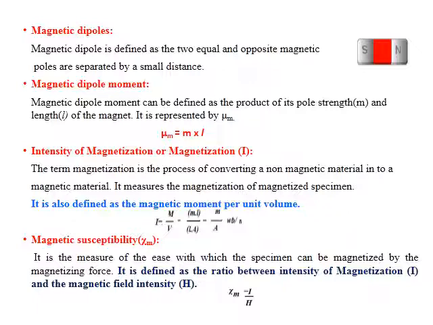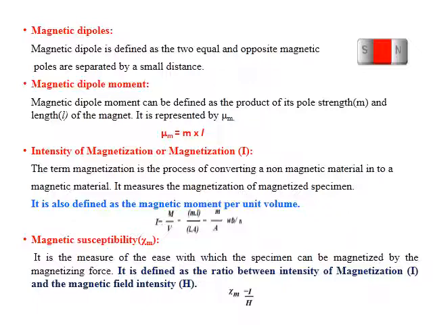The next important parameter is magnetic dipoles. A magnetic dipole is two equal and opposite magnetic poles separated by a small distance. If a pole is available singly, it will be called a monopole.